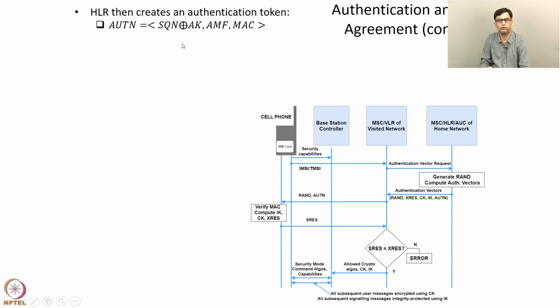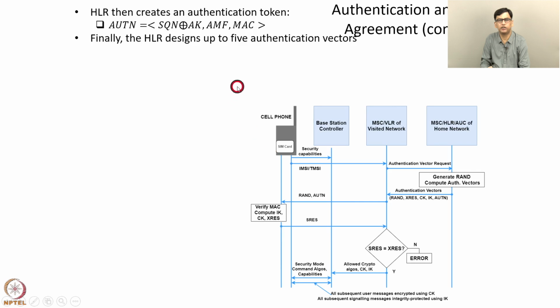That is, an intruder cannot find out the sequence number because it is XORed with the anonymity key. Since the anonymity key is a secret, the sequence number is protected against eavesdropping. Then AMF is a part of the AUTN, and the message authentication code, which was previously computed, is also a part of AUTN.